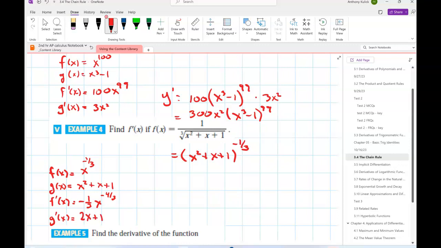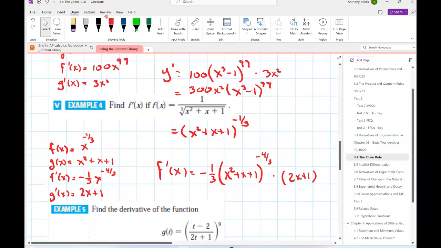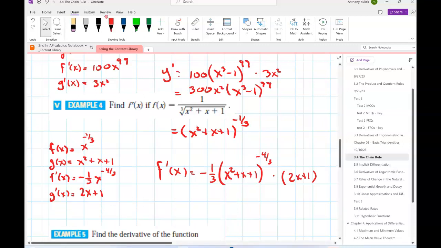Good. So my derivative should be negative 1/3, and then my inner to the negative 4/3 times my outer. Negative 1/3 minus 1 is negative 4/3.